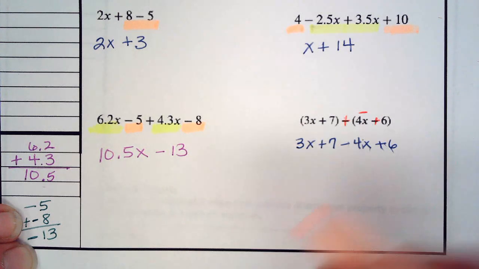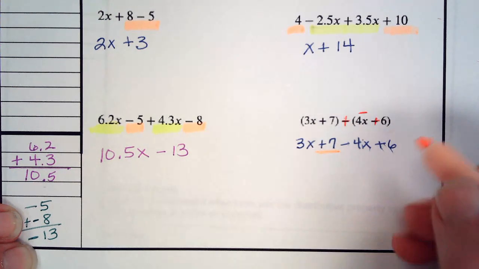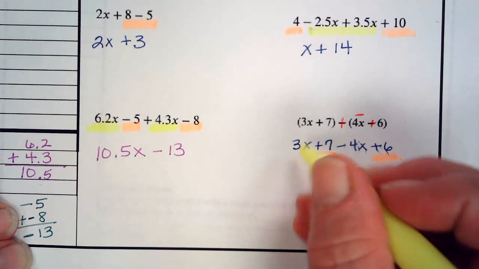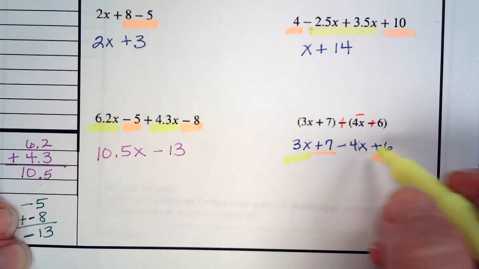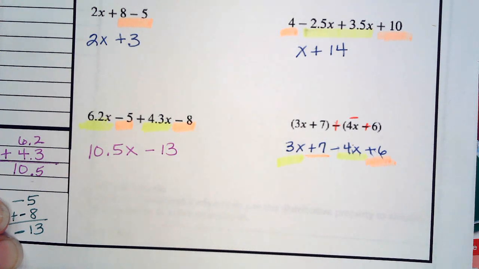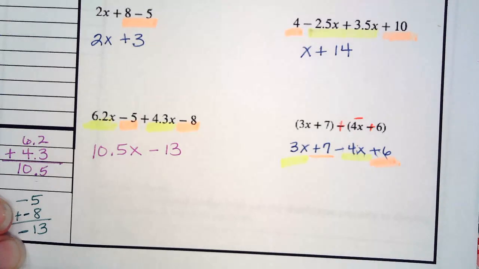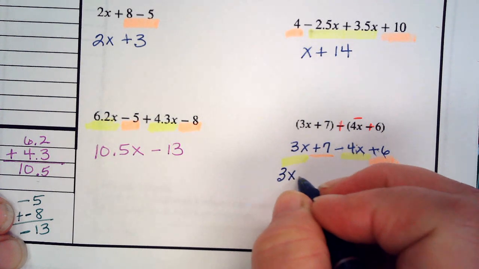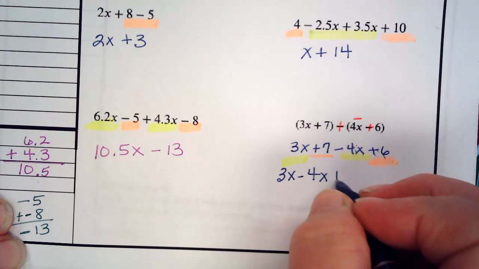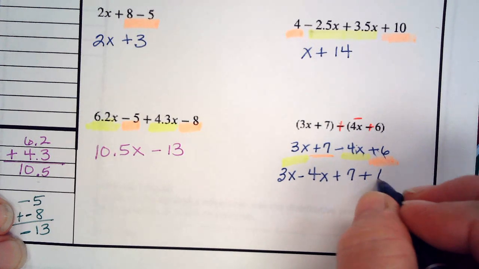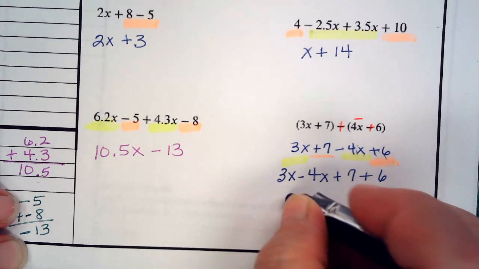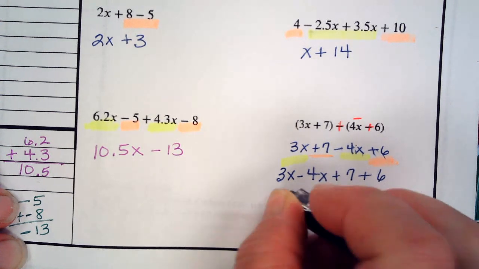Now I've got numbers, and I've got variables. This time I'm going to rearrange so you can see what's going on. 3x minus 4x plus 7 plus 6. 3x minus 4x, 3 minus 4 is what you're looking at.